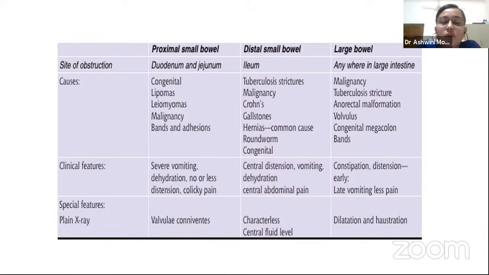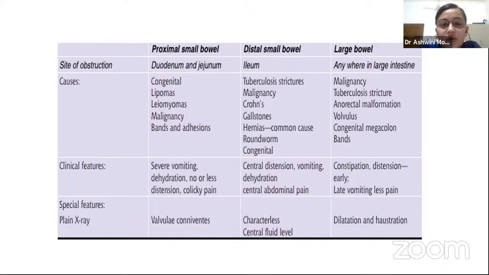So what will be the clinical features? It will be according to the site of involvement. If it is a proximal small bowel, then vomiting will be the first symptom, as the food won't be able to pass from the duodenum itself. So as the patient eats, he'll have vomiting. So he'll have severe vomiting.